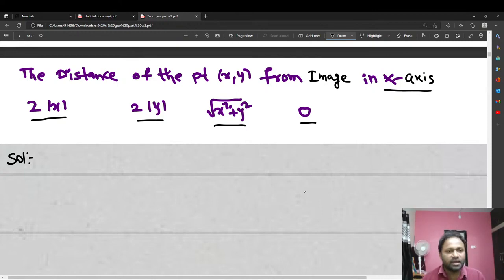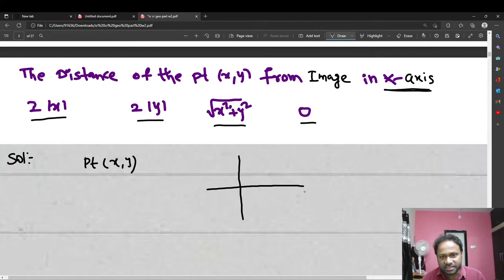Okay. See the solution. Distance from the point. What is the given point? Point is ordered pair x comma y. Okay. Image of the point in x-axis. That means if we take the coordinate system, here the point is ordered pair x comma y.